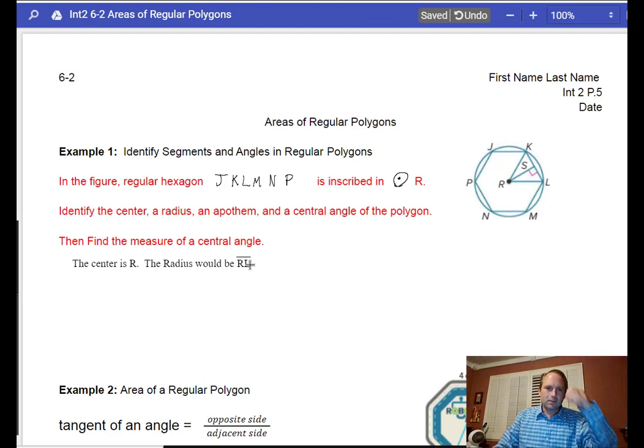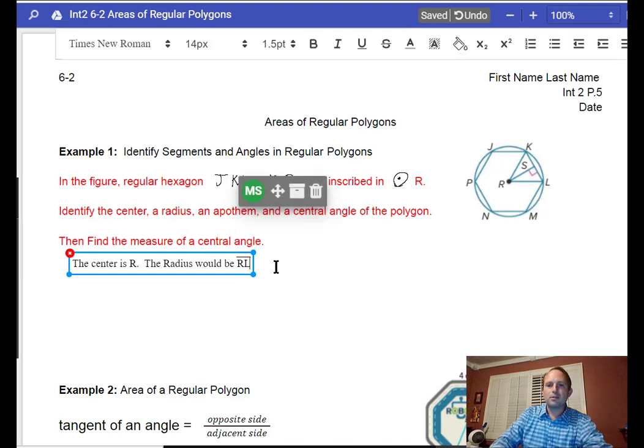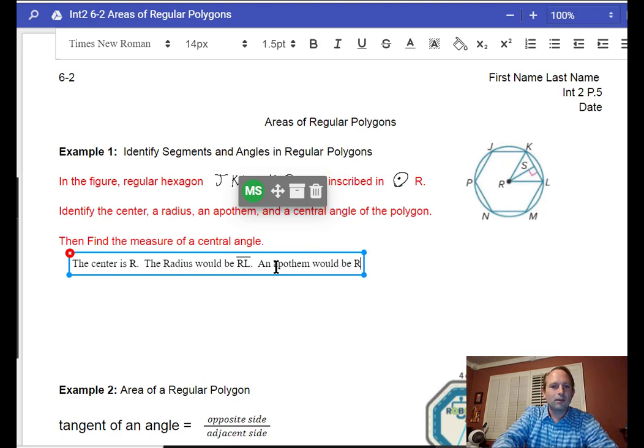Now the apothem is going to be that 90-degree angle straight from the center to the side of that hexagon right there. So let's put that in. An apothem would be line segment RF.